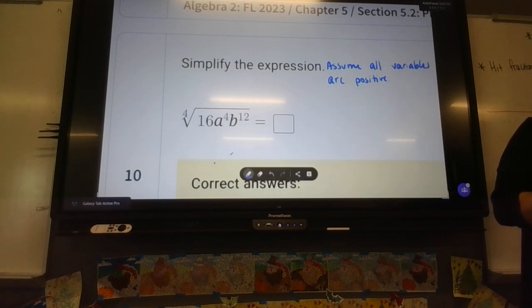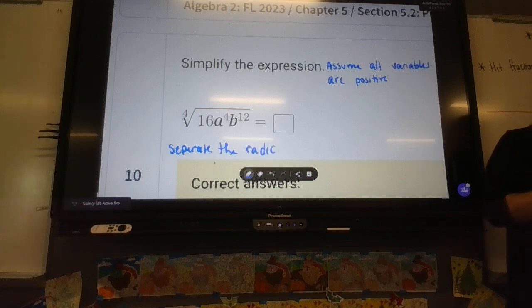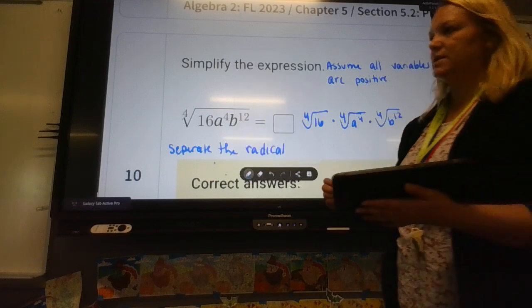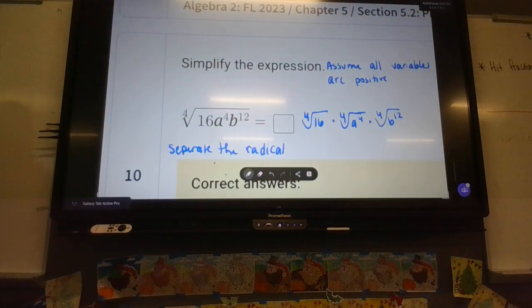What I expect you to do is to separate the radical to the fourth root of 16 times the fourth root of a to the fourth times the fourth root of b to the 12th. The fourth root of 16 is in our list. 2 to the fourth is 16. So I can go ahead and make this 2.